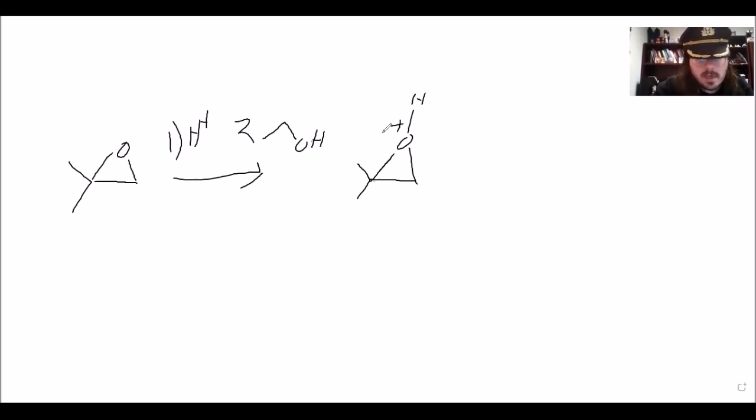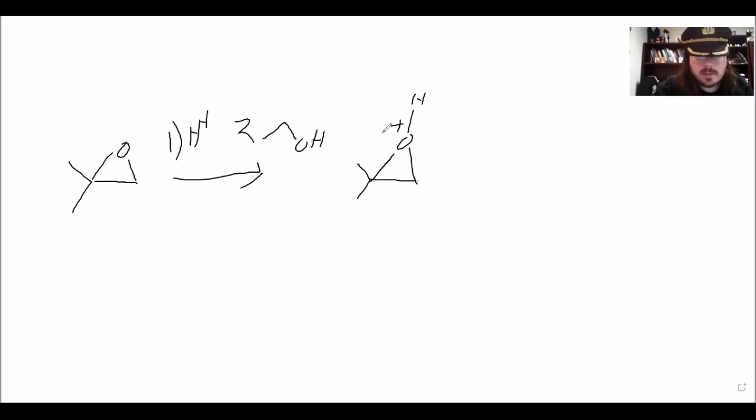Is it going to be the carbon on the left or the carbon on the right? Which one can better handle a positive charge? Is it the primary carbocation or the tertiary carbocation? Well, if you remember, tertiary carbocations are more stable than primary carbocations.